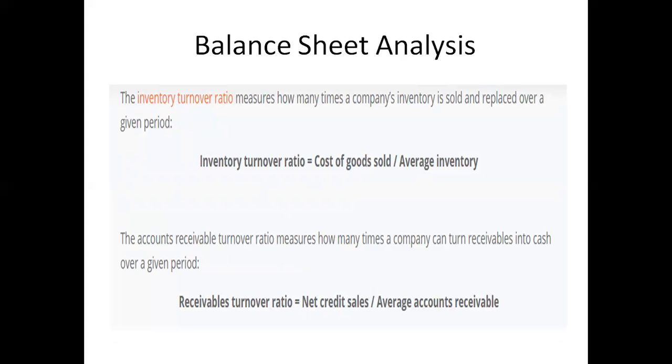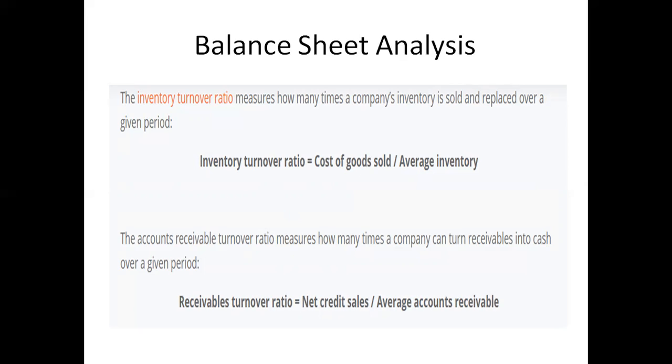Now we also have inventory turnover. We did a part of that. We have cost of goods sold by average inventory.